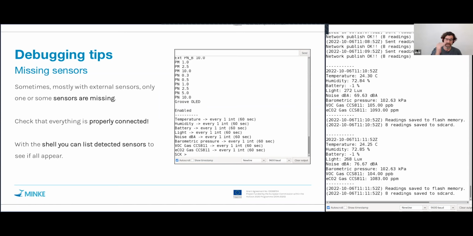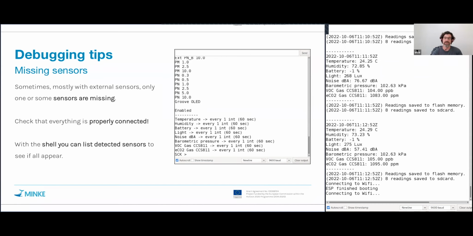If the sensor is detected, but then the reading is not arriving to the platform, the problem is different. But if you don't find the sensor in the detection at the beginning of the messages, then you know that something is wrong either with the sensor or with the cabling. And the most probable problem is that there's a hardware issue with the sensor.